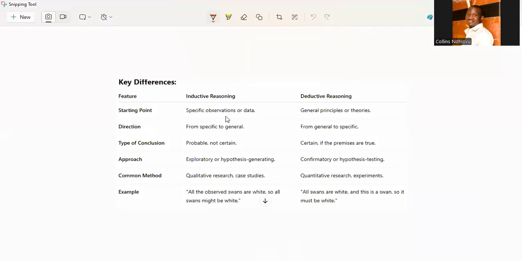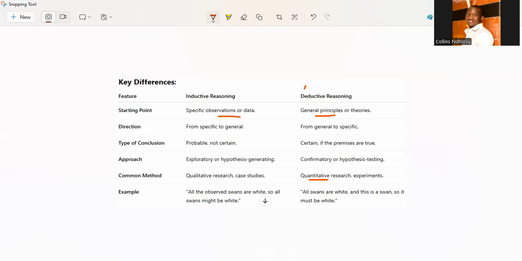Inductive reasoning starts from the specific to the general, whereas deductive starts from the general to the specific. Deductive is mainly used in quantitative research, while inductive is for qualitative research studies like case studies. The conclusion is more probable but not certain, whereas in deductive, the premise is usually true. These are the main differences that you need to understand.